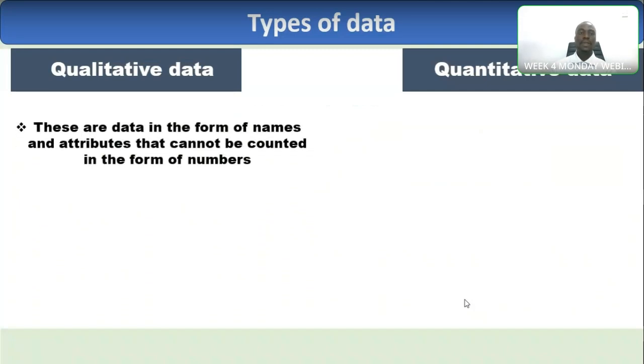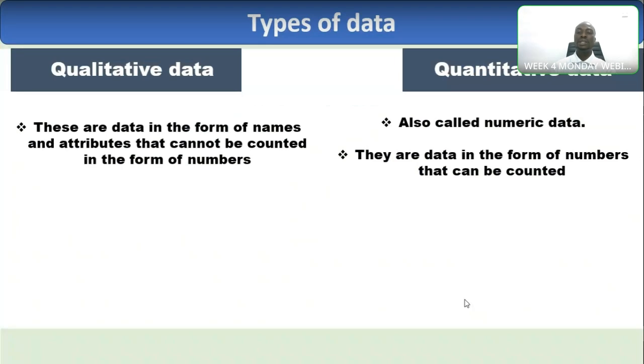Let's look at some of the important terms. Let's look at qualitative data versus quantitative data. Qualitative data are data in form of names and attributes that cannot be counted or represented in form of numbers. While quantitative data, which are also known as numeric data, are those that can be represented in form of numbers and they can be counted.